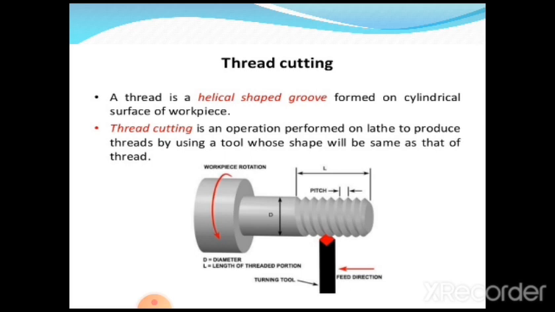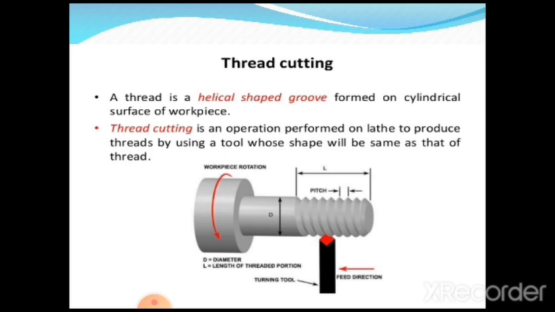We also have to decide the length of the thread on a given workpiece. Our intention here is to control the feed rate of the cutting tool. The most important concept in thread cutting is to control the feed rate in a precise, correct way.